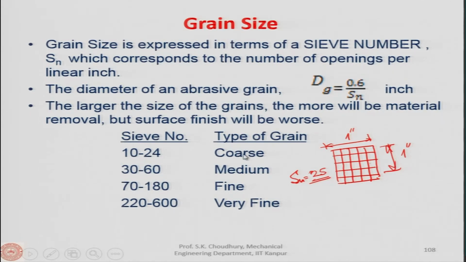They are not very coarse, but a little finer. 70 to 180 are the finer grains, and 220 to 600 are very fine grains. Okay. This is an international standard, and everywhere in the world we use this kind of standard to define the diameter of an abrasive grain.